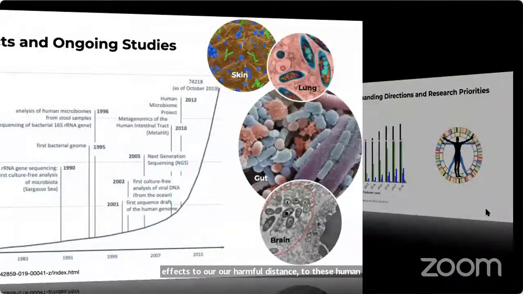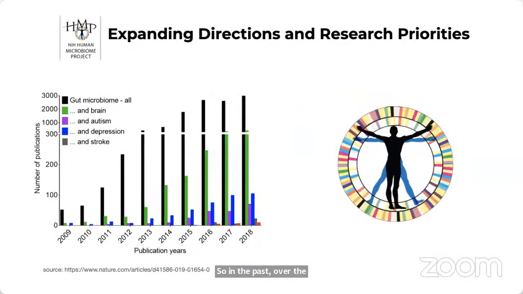So over the past decade, almost $2 billion has been spent on human microbiome research, and major projects are underway in the United States, in the European Union, China, Canada, France, Ireland, Korea, Japan, etc. And these investments have confirmed the importance of microbiome to human health and development.